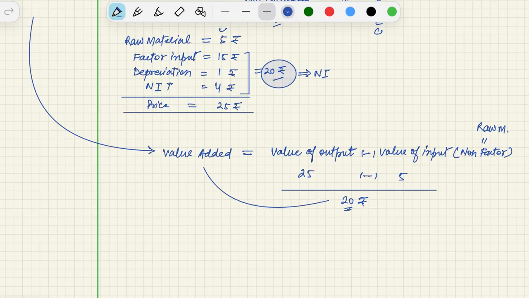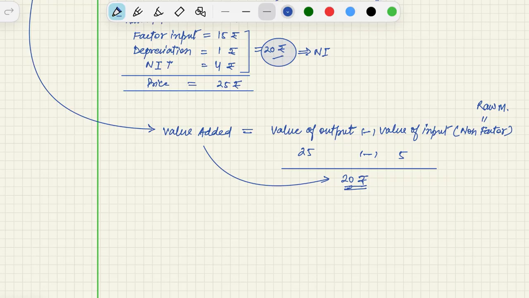Okay, value addition, and this is the GDP. So for that particular product, GDP at MP means the total value of that product. Since net indirect taxes have been added, GDP MP would be 20 rupees.